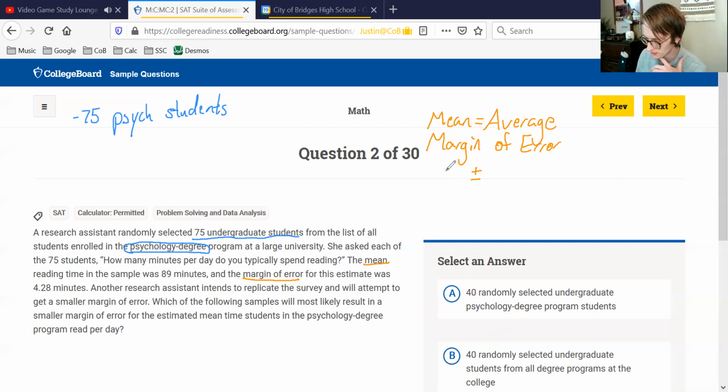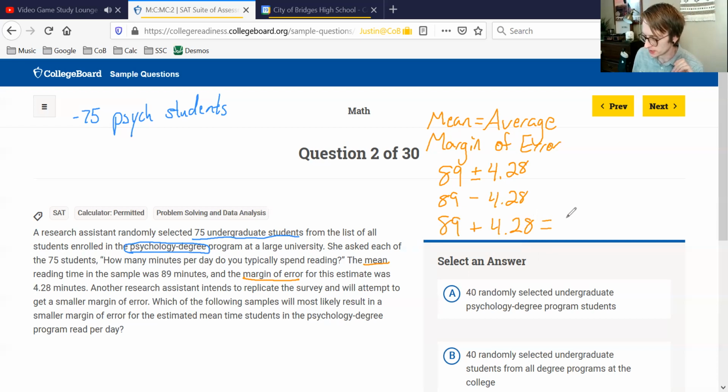So if the mean is 89 and the margin of error is 4.28, that says our mean reading time is 89, but it could be anywhere between 89 minus 4.28 to 89 plus 4.28.